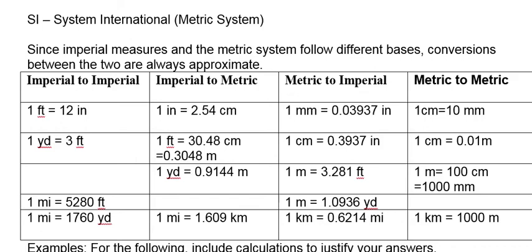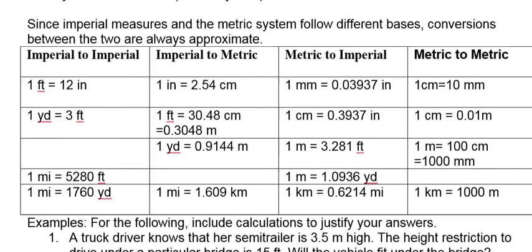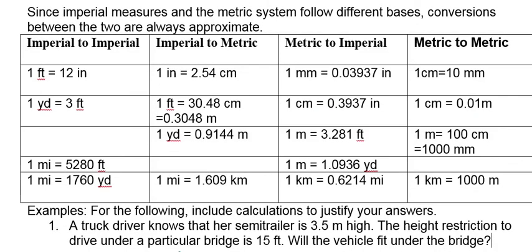So we're going to jump straight into the word problems on these and use these conversions to answer these questions. Still going to use that dimensional analysis, where our units on top are going to cancel our units on the bottom. So this first question, we actually have two ways of calculating it, because we have a driver and a bridge, and we want to know, will the truck, the trailer, fit underneath the bridge?